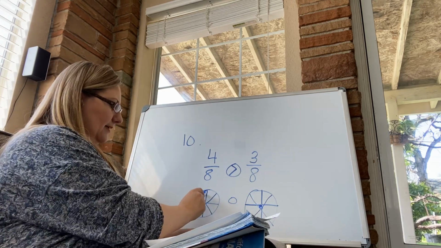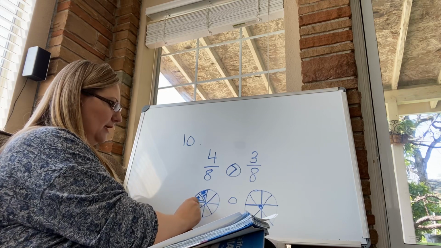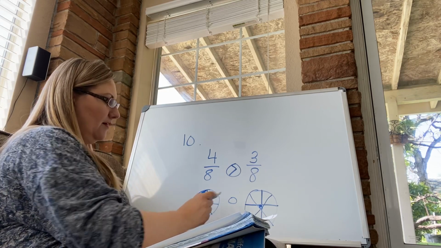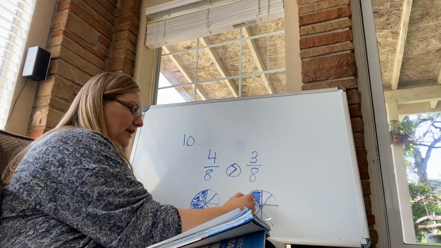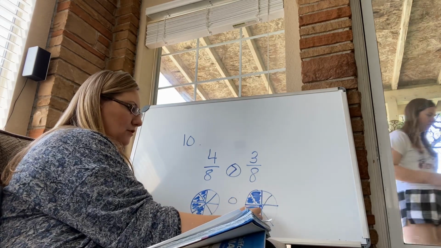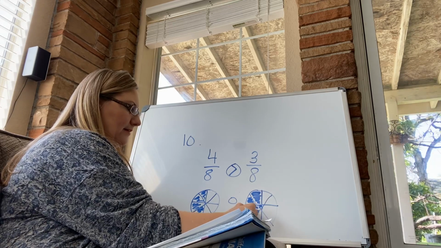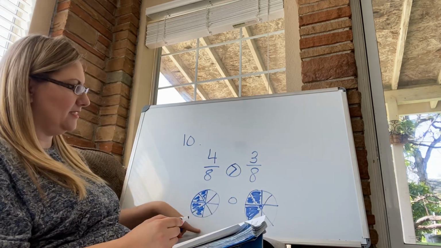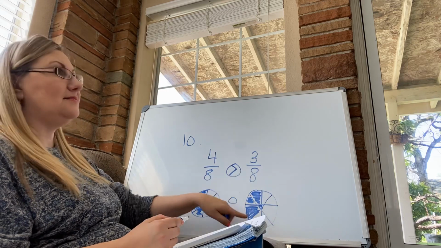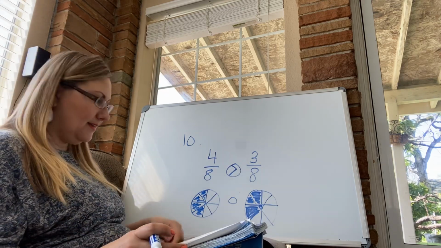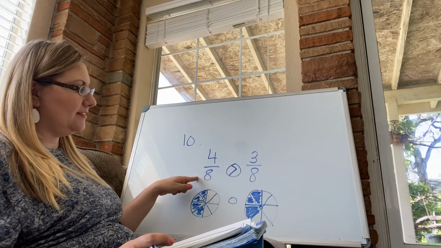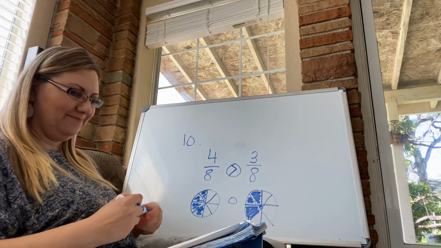But here, 1, 2, 3, and 4 on this side is more shading than just 1, 2, 3 on this side, right? 4/8 is the same as a half. 3/8 is less than a half. Okay, so number 10 is 4/8 is greater than 3/8.